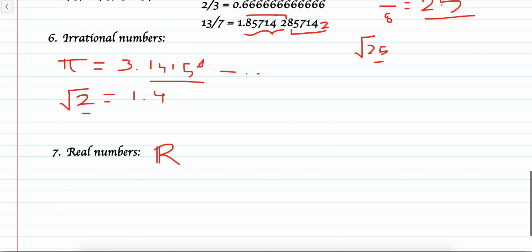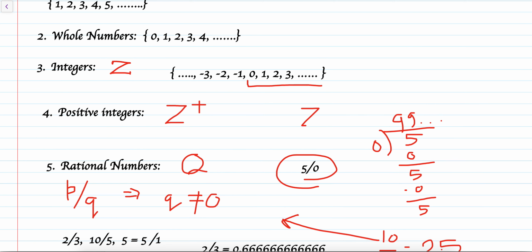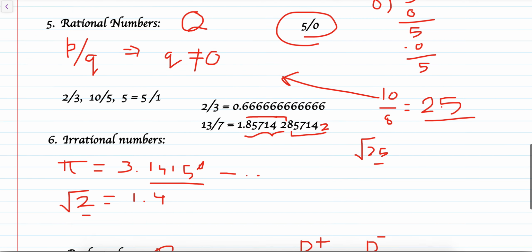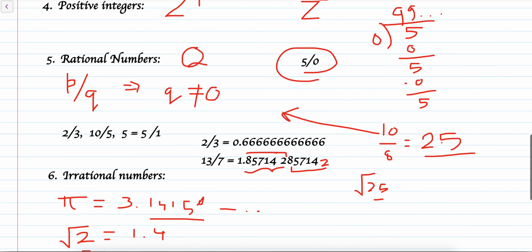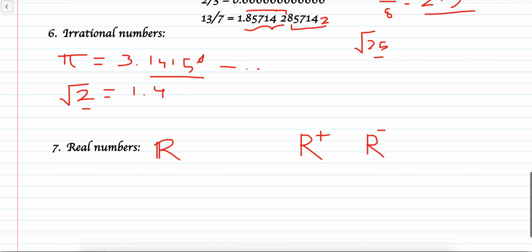We denote positive real numbers using R plus, negative real numbers using R minus, and same here, negative integers using Z minus. So now what are real numbers? We have seen rational numbers, we have seen irrational numbers. So real numbers would be all the numbers including rational numbers plus irrational numbers. So these all come under real numbers.